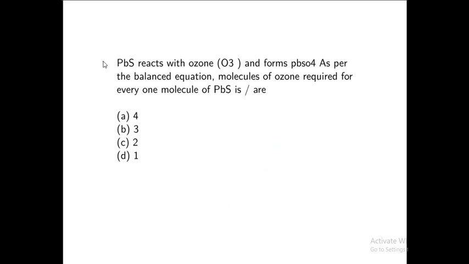Let us go for the third question. PbS, lead sulfide, reacts with ozone and forms lead sulfate as per the balanced equation. So here PbS plus O3 reacts to form PbSO4, lead sulfate.